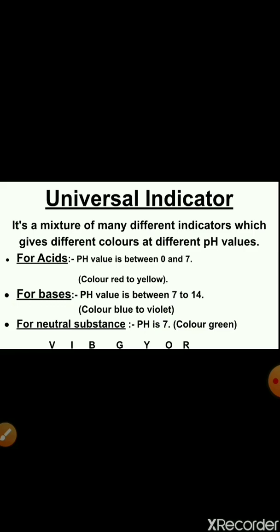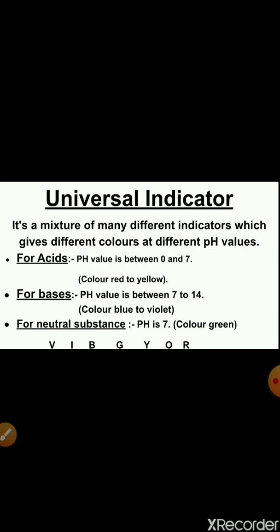Now here we have another type of indicator, known as universal indicator. It is a mixture of many different indicators which gives different colors at different pH values. It means that if a substance has a different pH value, it will show a different color.